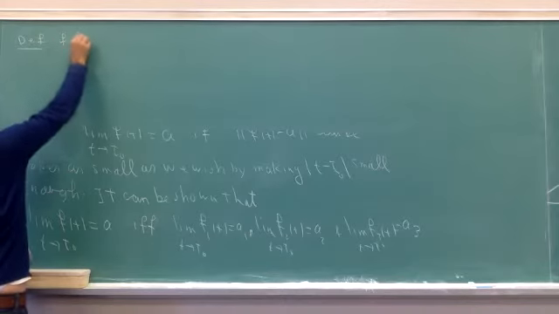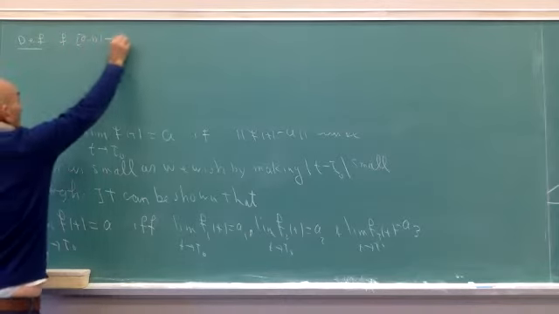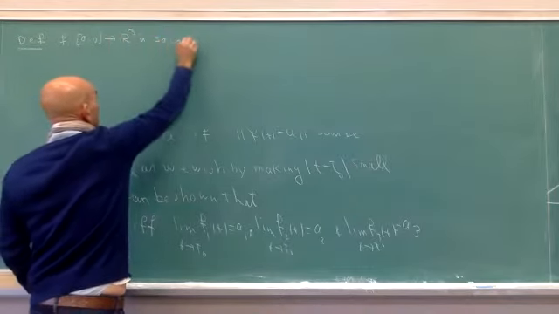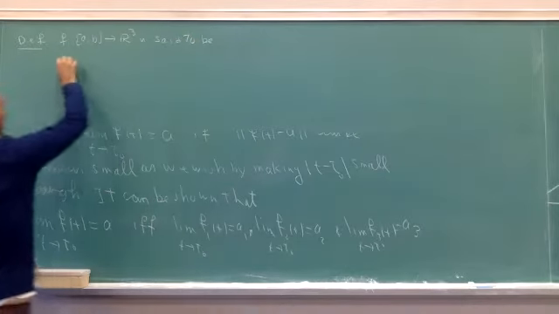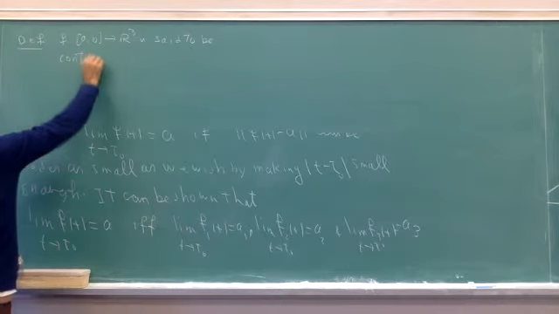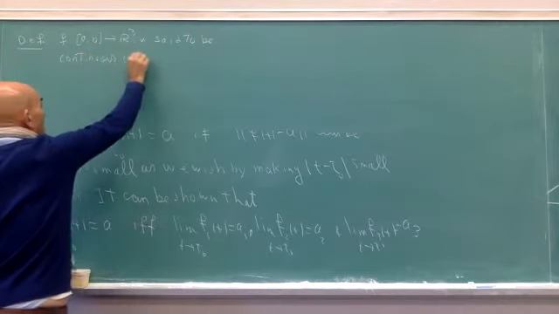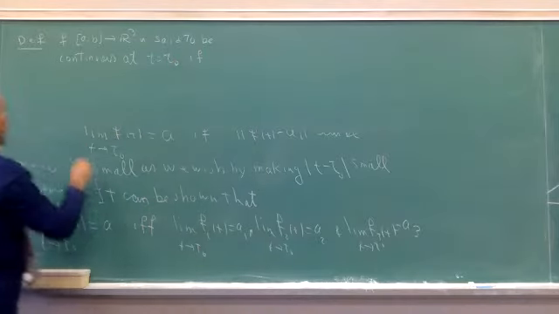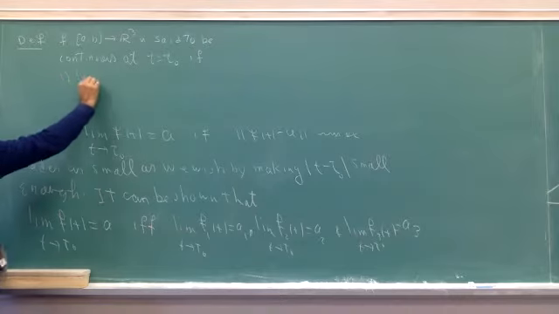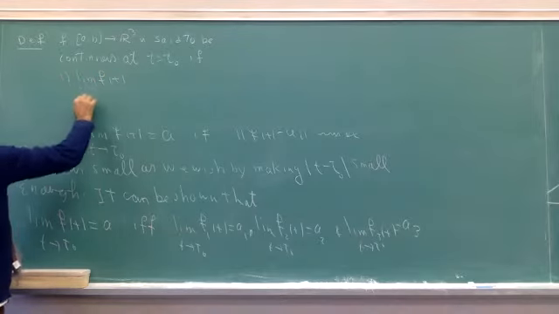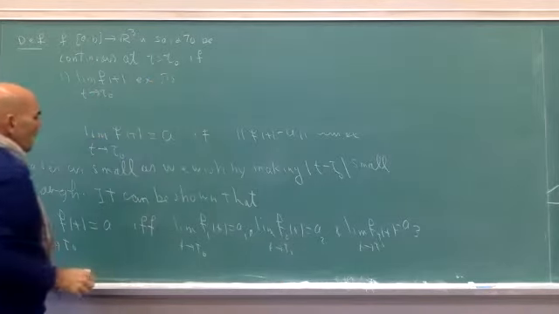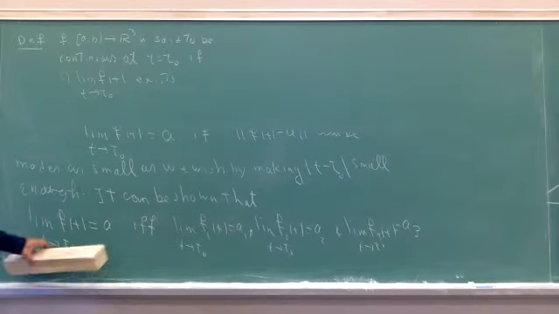F from [a, b] to R3 is said to be continuous at t equal to t0 if and only if, first of all, the limit exists, and not only does the limit exist, but in fact the limit should be equal to the value of the function at that point.